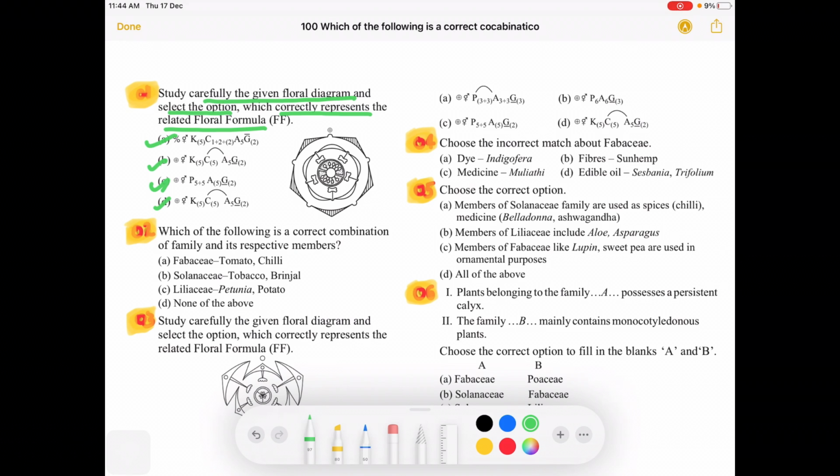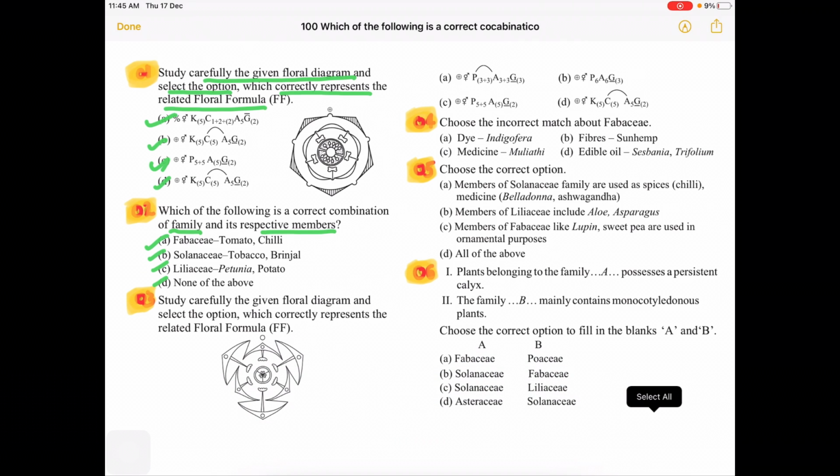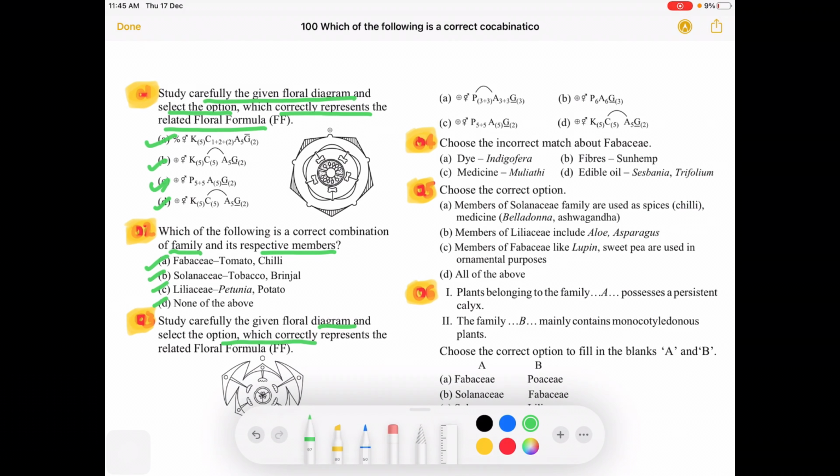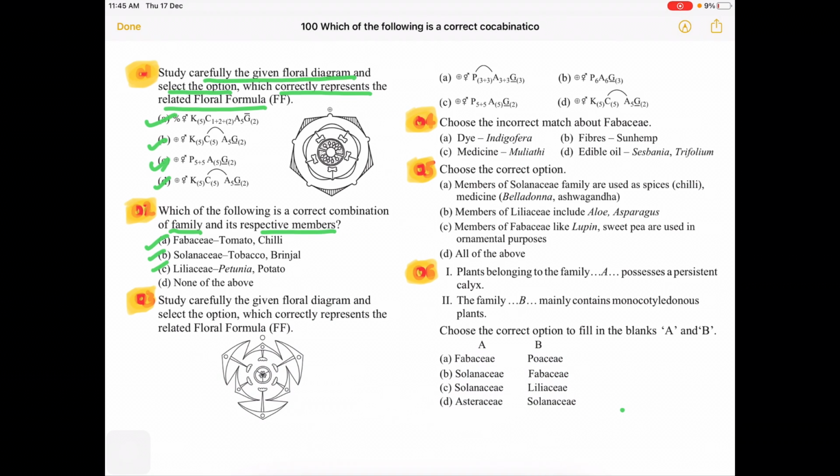Then which of the following is a correct combination of family and their members? Fabaceae, Solanaceae, Liliaceae, or which one? Next, study carefully the given floral diagram and select the option which represents this diagram.